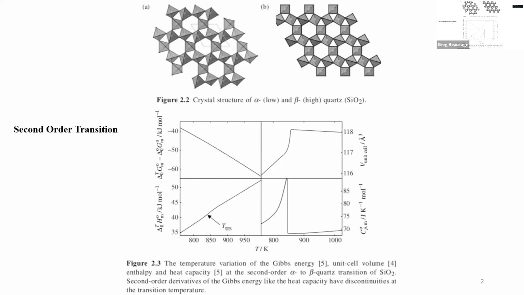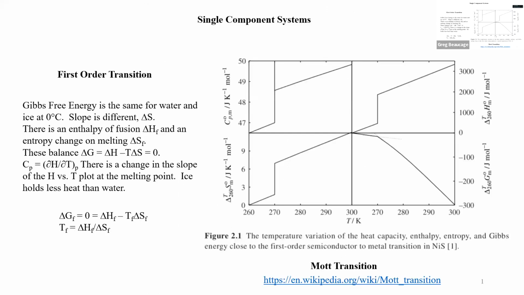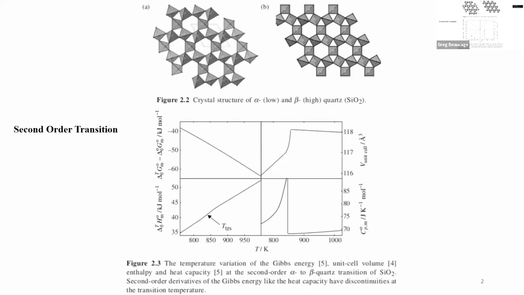The first order is generally melting of a crystal. He's talking about spot transition. The second order is generally glass transition. But he's showing a transition that happens in quartz at high temperature, where the density is continuous through it.